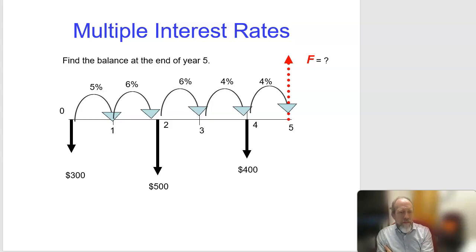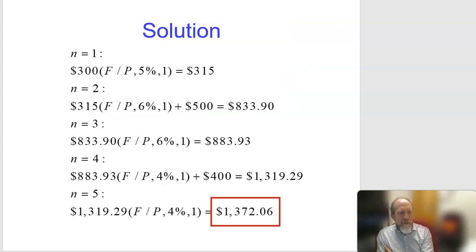Look, the $300 changes at time 1. From year 1 to 2, you've got it at 5% for one, at 6% for another. How do you do that? Well, you can move them up for the individual interest rates one at a time.